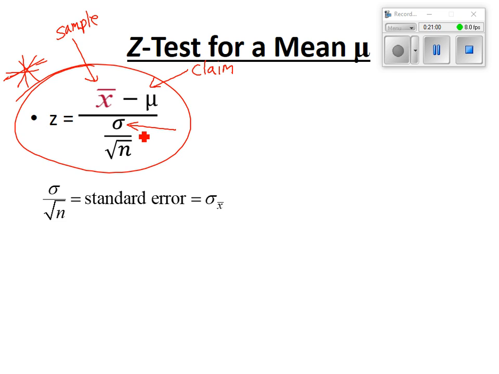Are we normally going to know what sigma is? So in place of sigma, you might want to use S. You're going to know the sample standard deviation, but you're not going to know the population standard deviation.